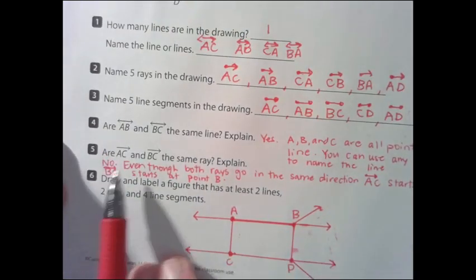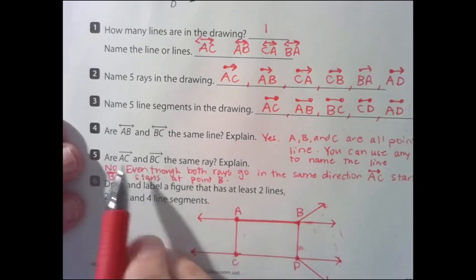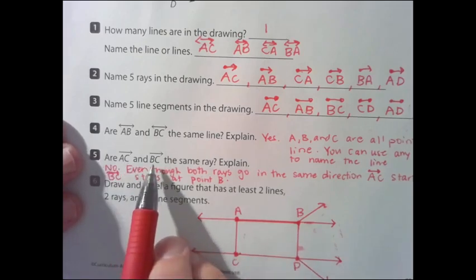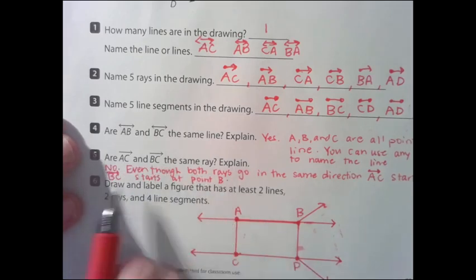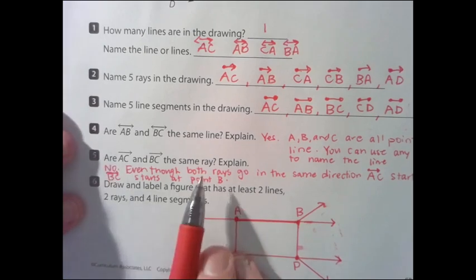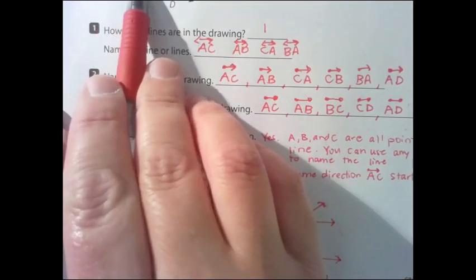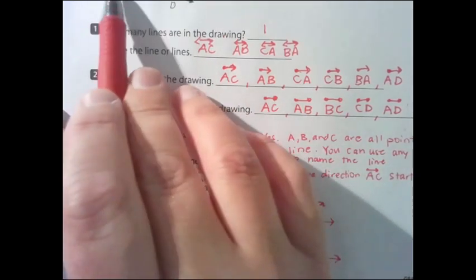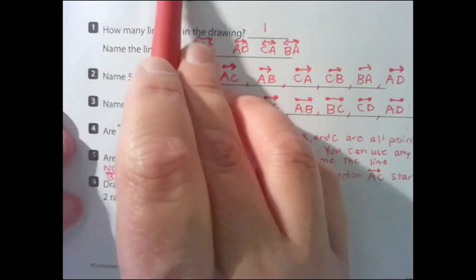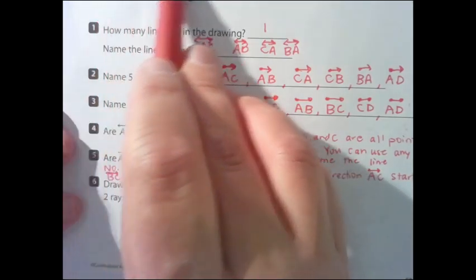All right. Number 5. Are ray AC and ray BC the same ray? Explain. Well, no. Let's look at it. AC and BC go in the same direction, right?